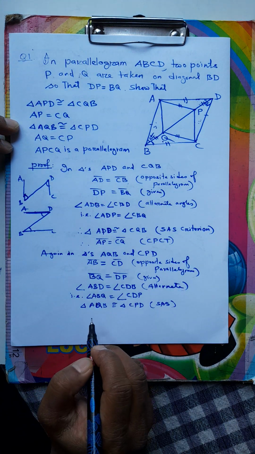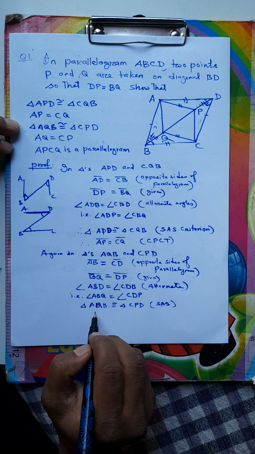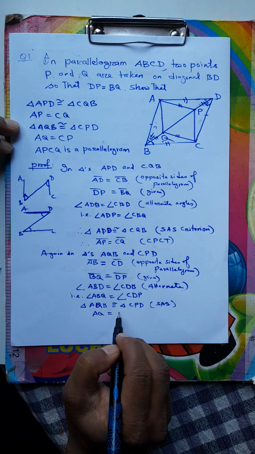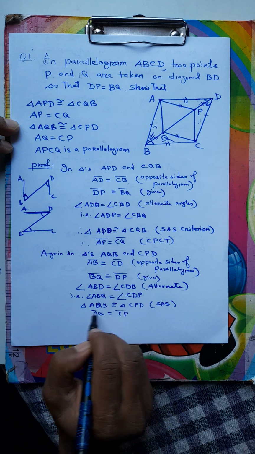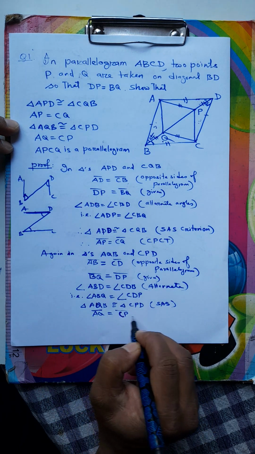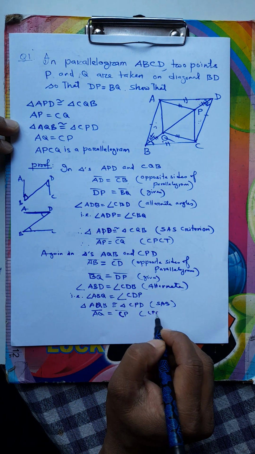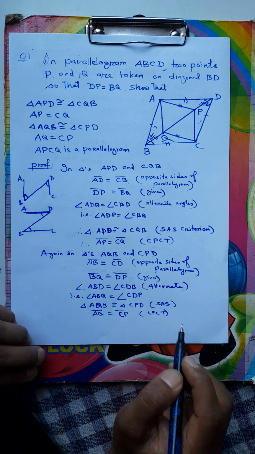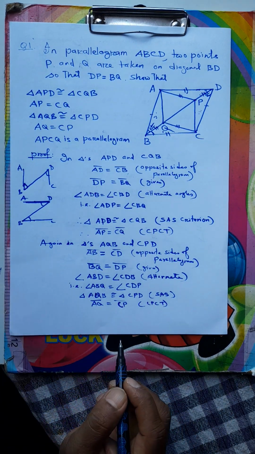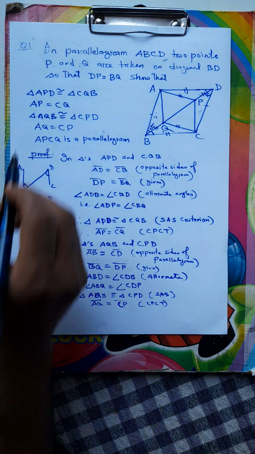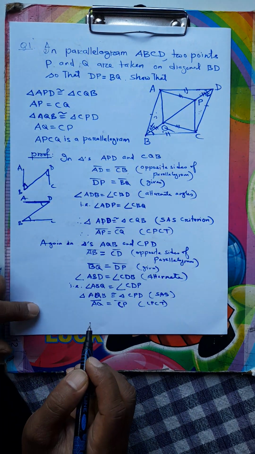Now if they are congruent, corresponding parts are equal. AQ equal to CP. Why they are equal? CPCT. Corresponding parts of congruent triangles are equal. AQ equal to CP. So this one is proved, right?